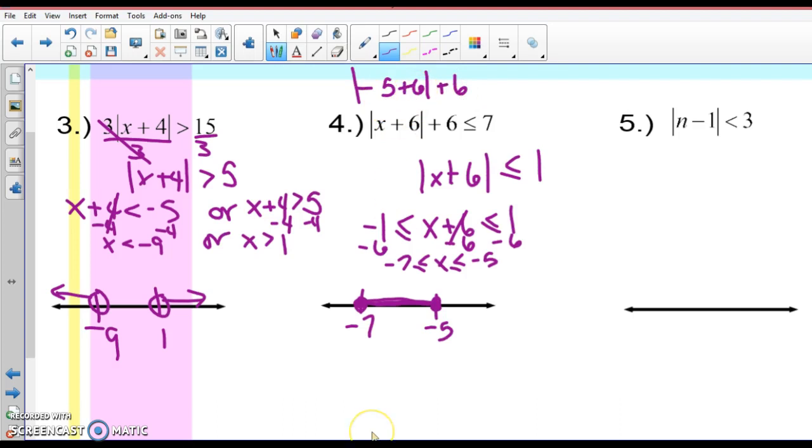Negative 5 plus 6 is 1. The absolute value of 1 is 1. 1 plus 6 is 7. Is 7 less than or equal to 7? Yes. And I could also put in negative 7. It would work out exactly the same. Or I could put in negative 5.2 or negative 6.9. Any number in here will work.